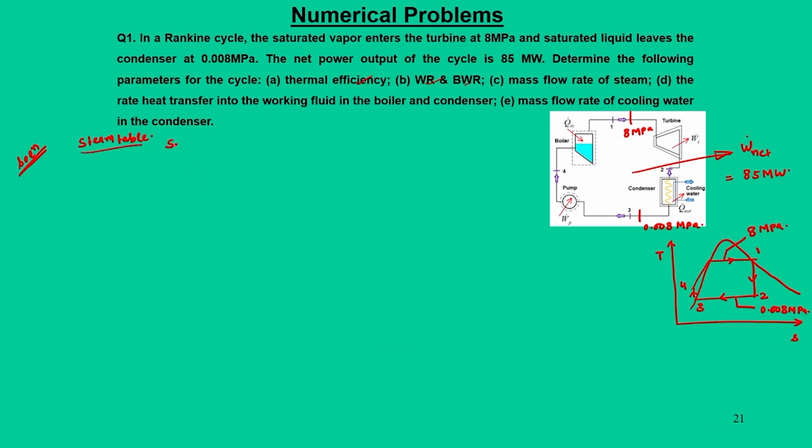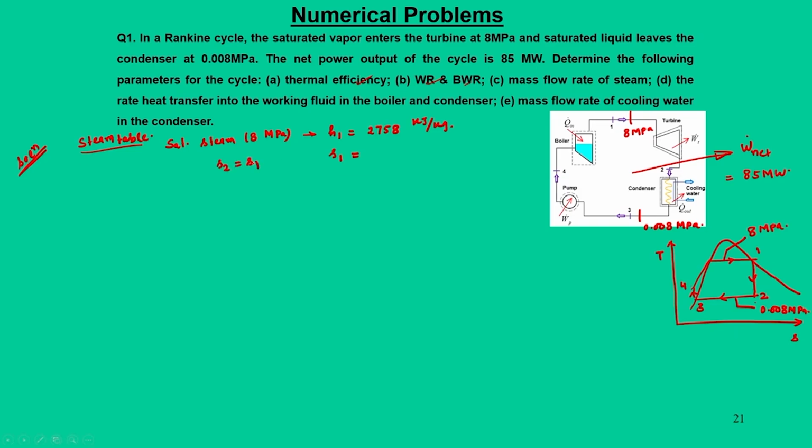So we say saturated steam at 8 megapascal. This you can refer to as the saturated steam table based on pressure. At this point we can calculate H1 as 2758 kilojoule per kg, and we also need S1 information, because to arrive at point 2, S2 is equal to S1.